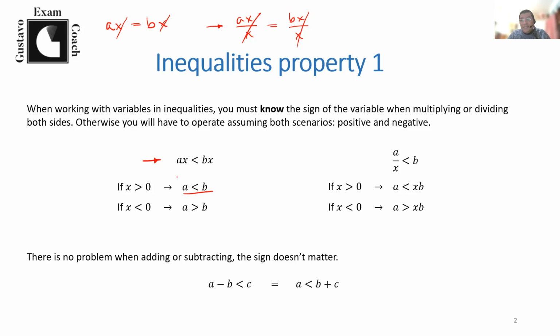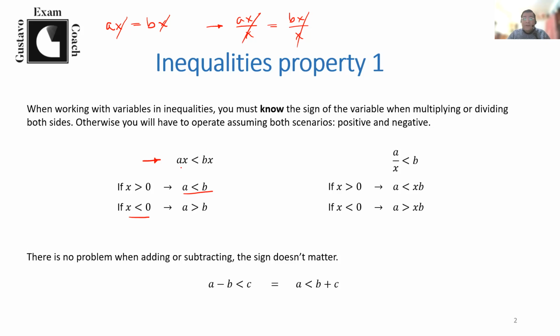But if the factor you intend to cancel has a negative sign or represents a negative numerical value, then you need to remember that at the end of the operation, the direction or the sense of the inequality symbol needs to be reversed.